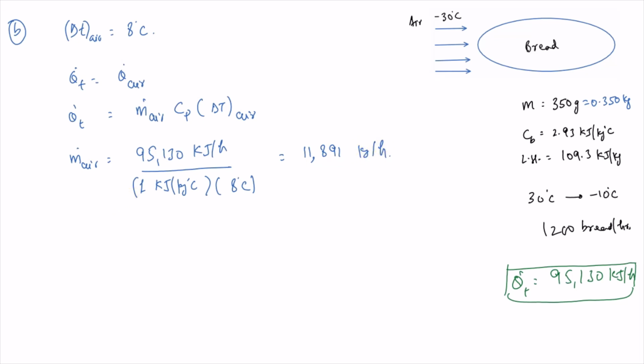Next we will be calculating the density of air. So density of air, we know, is P divided by RT, where P is the pressure, R is the gas constant, and T is the temperature of air.